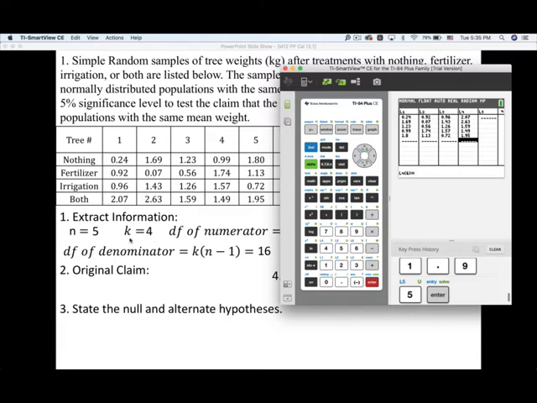So my k equals 4, I should have 4 sets of data: 1, 2, 3, 4.